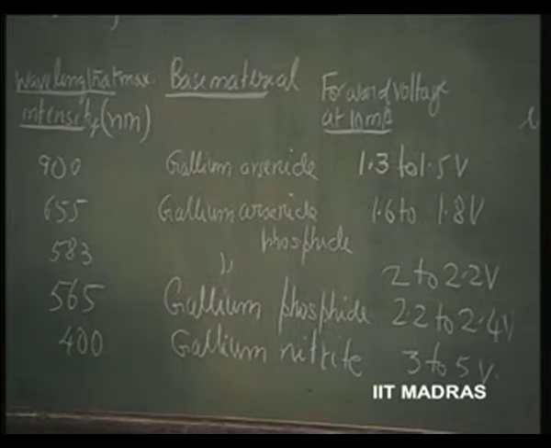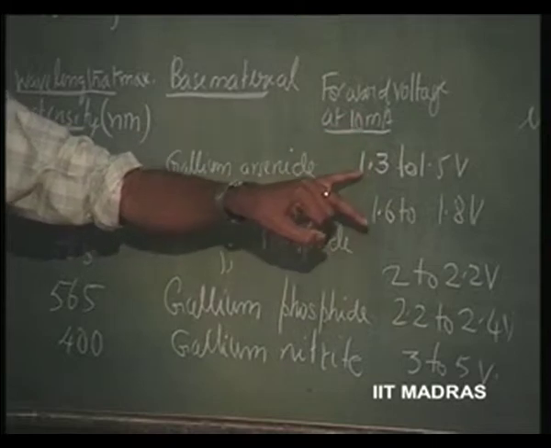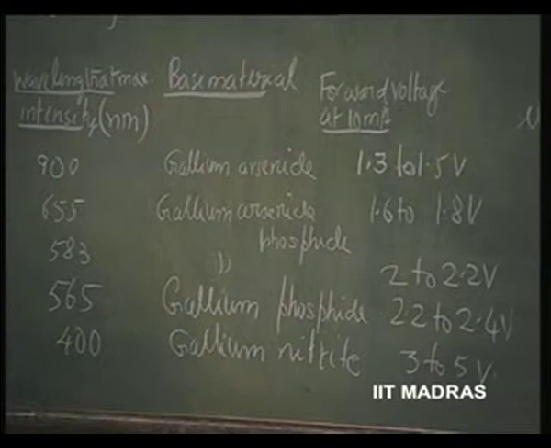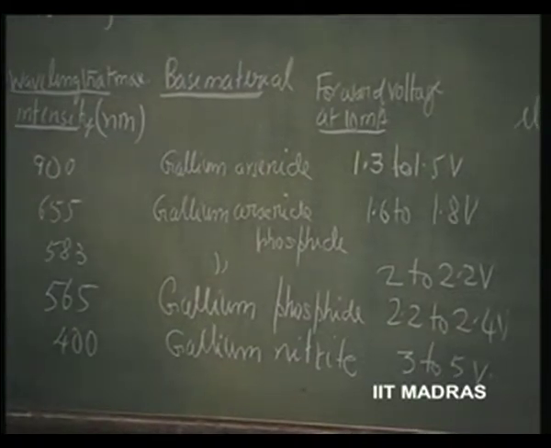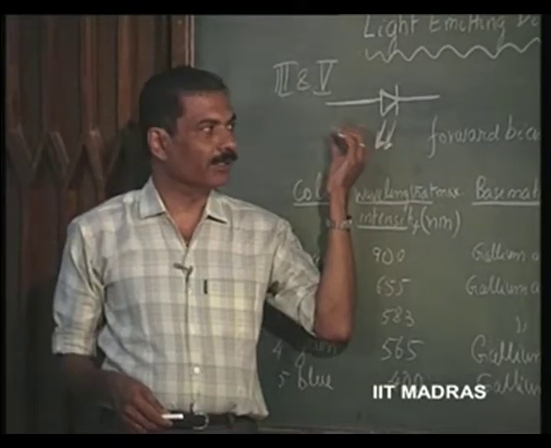But here it is greater than 1, for 10 milliamperes itself, 1.3 to 1.5 volts. These typical values you should know in order to bias these so that they can emit sufficient intensity of light. So, the light intensity obviously depends upon the magnitude of current flowing through it.